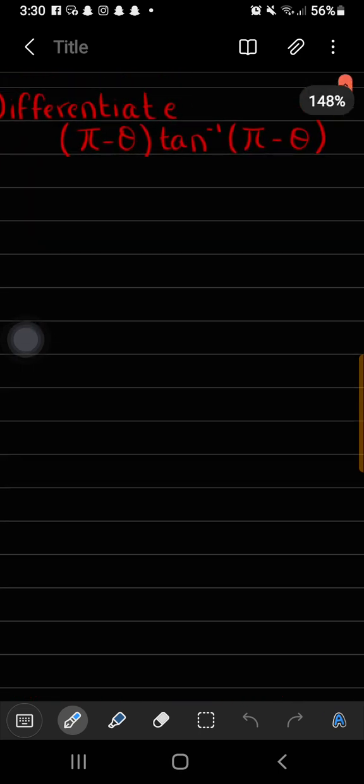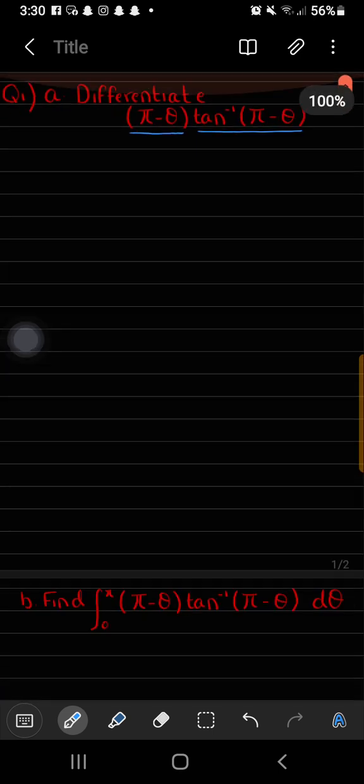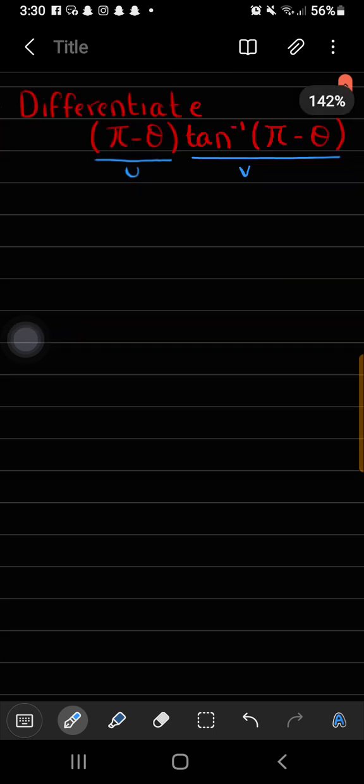Here these two are getting multiplied, which means we have to apply the product rule. This is u and the second one is v.